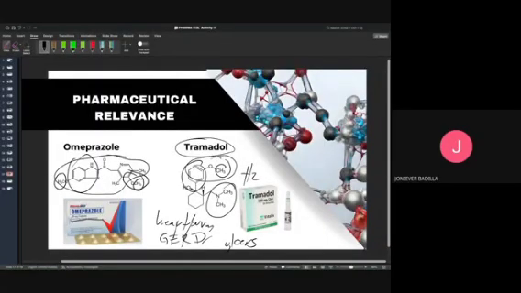Now, your tramadol is classified as an opioid analgesic. Being an analgesic, it is used to treat pain. But regarding the type of pain, it is used to manage moderate to severe types of pain.